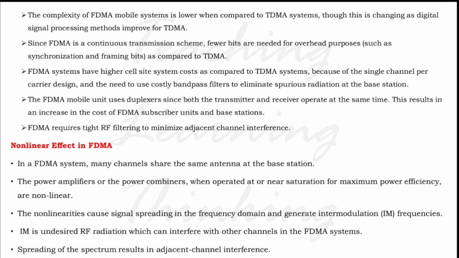These nonlinearities cause signal spreading in the frequency domain and generate intermodulation frequencies. So IM frequencies are undesired RF radiation which can interfere with other channels in the FDMA system, and spreading of the spectrum results in adjacent channel interference.